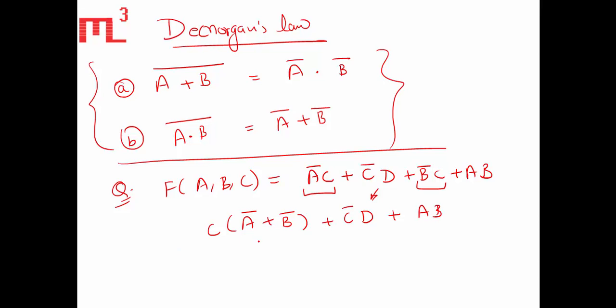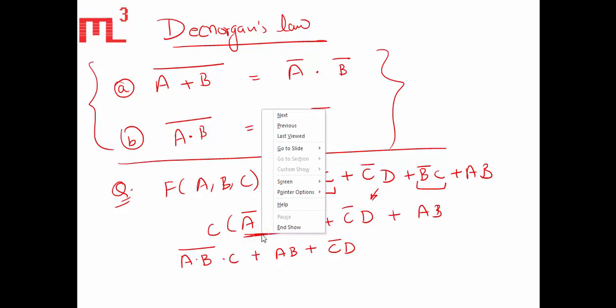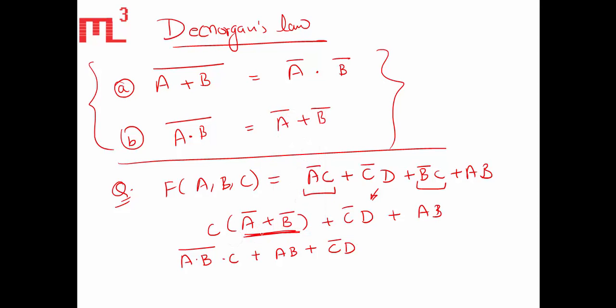Now to this term we can apply inverse De Morgan's law, and we can write this term as (a dot b) whole bar into c, plus ab plus c bar d. Very simple. This is the way. I am just applying inverse De Morgan's law here.